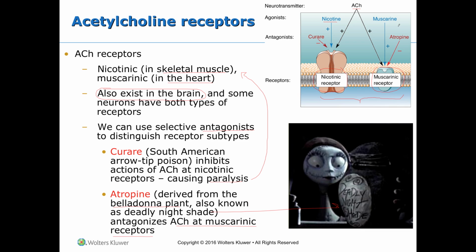So note that atropine delivered onto an acetylcholine receptor will specifically block the effects on a muscarinic receptor, but not nicotinic. Nicotine, when applied to an acetylcholine receptor specifically, will bind to the nicotinic receptor, but not the muscarinic. And acetylcholine, as these are subtypes of the acetylcholine receptor, will bind to both.